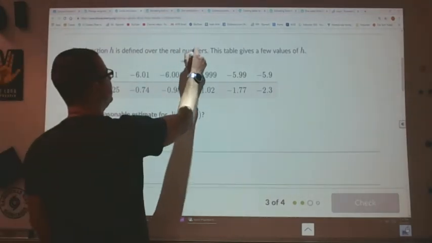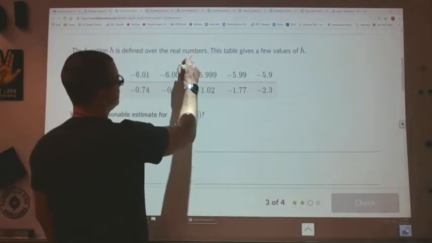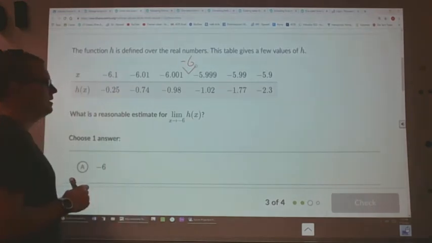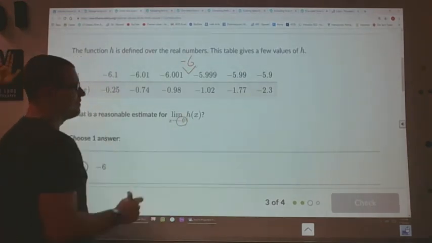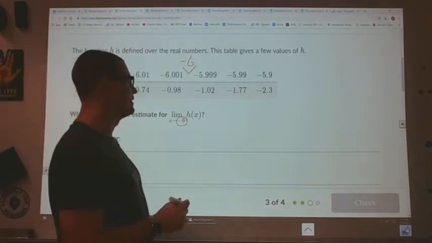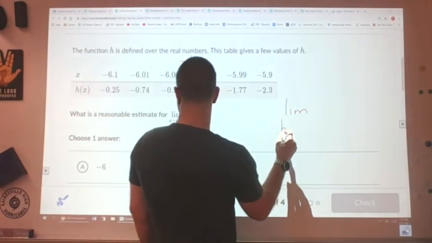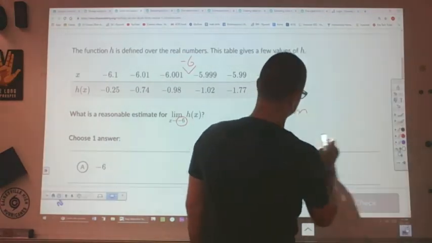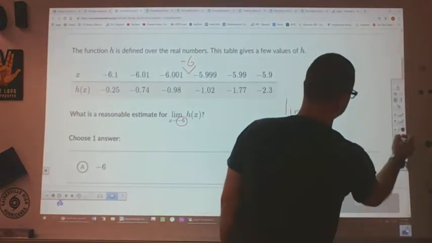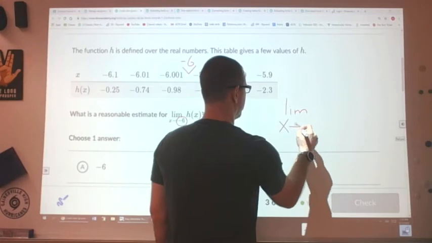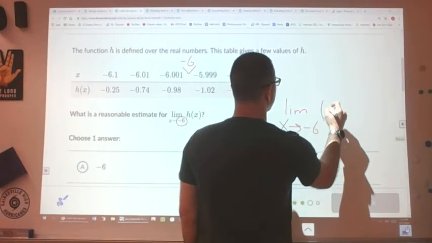It's -6. And surprisingly, that's exactly the value that they're trying to find: the limit as x approaches -6 for this function.